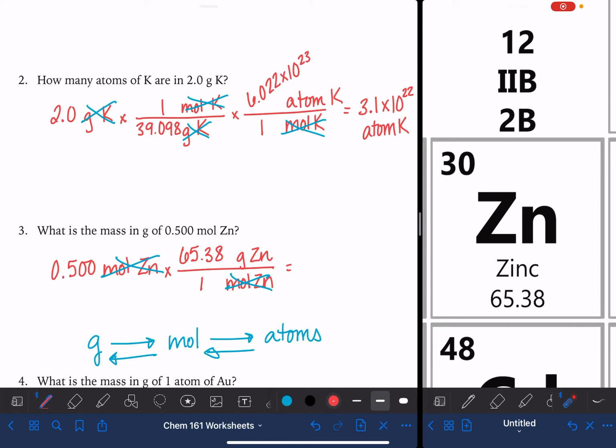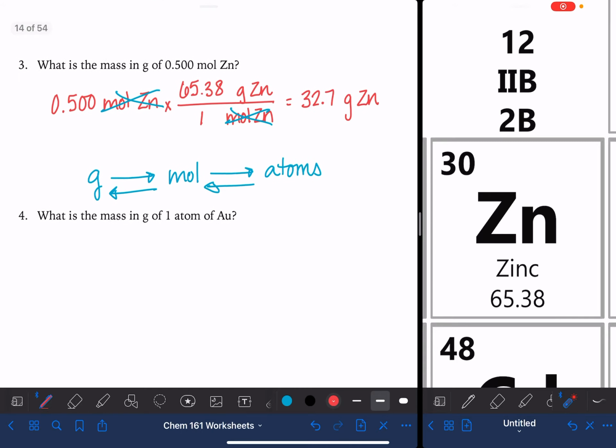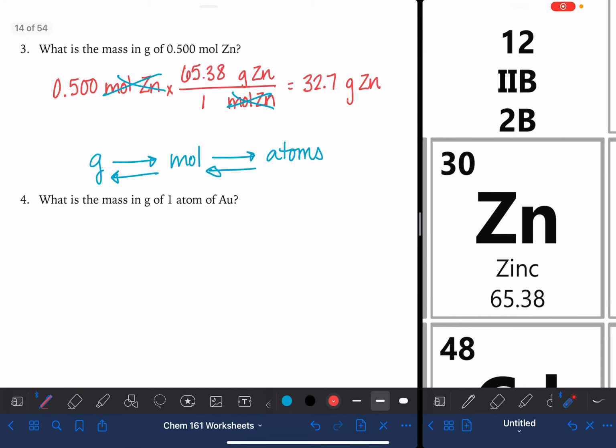And this is 0.5 times 65.38, 32.7 grams of zinc. And we have one more to go. This one is asking us what the mass is in grams of one atom. So we're starting with 1. The unit is atom, and the atom is gold.